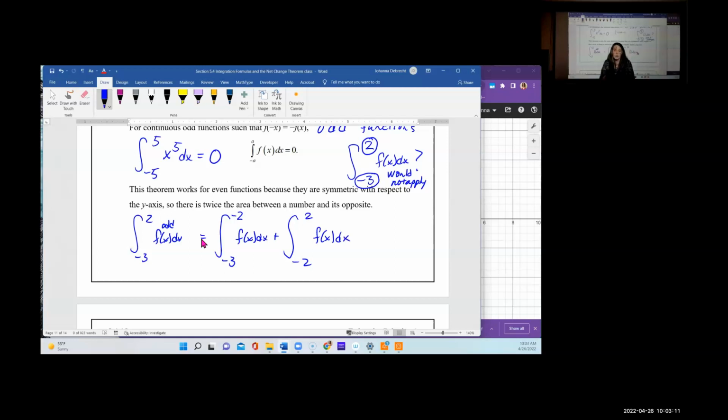Now, why would I want to write it like that? Because one of them will equal 0. Because the limits of integration are opposites and it's an odd function, that one will go to 0, which just leaves me this one left to compute.